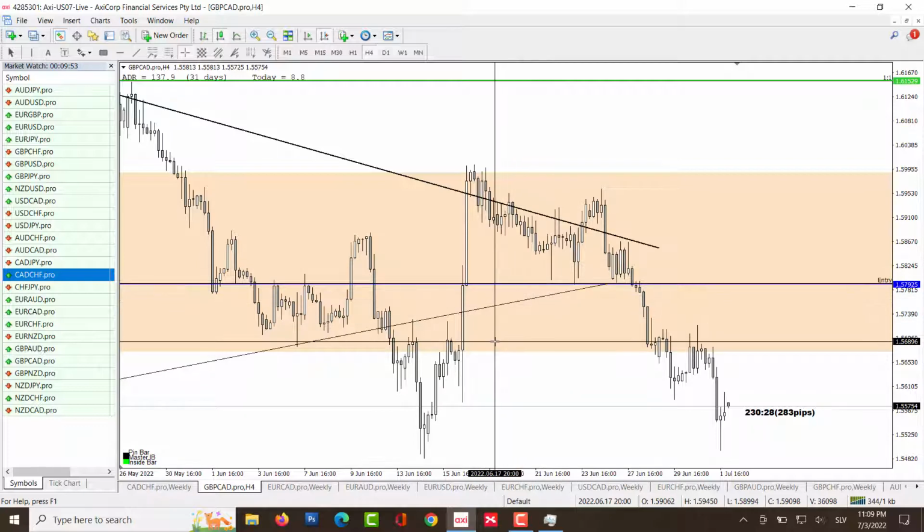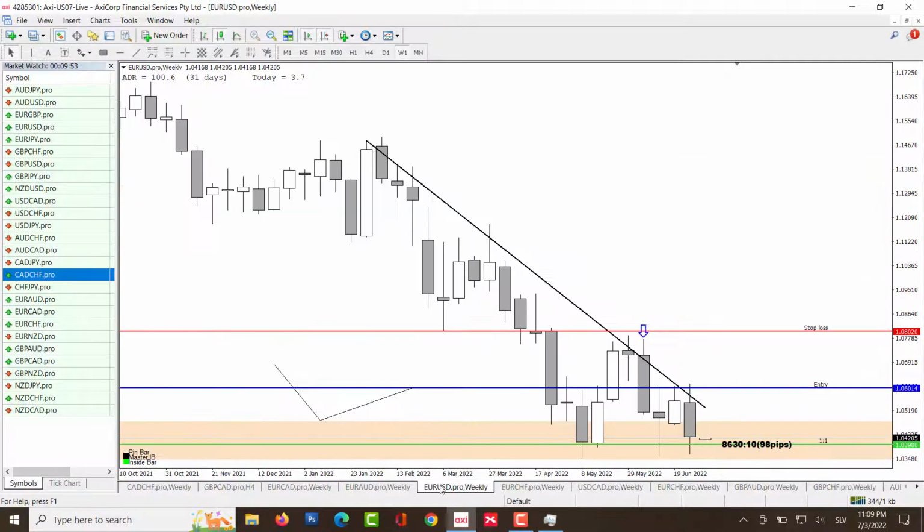For example, I will just show you this example. If I would not monitor euro dollar at all, if you remember, the entry was right here, and the price did not trigger that in the first week, but the take profit was already hit, so I canceled this order.